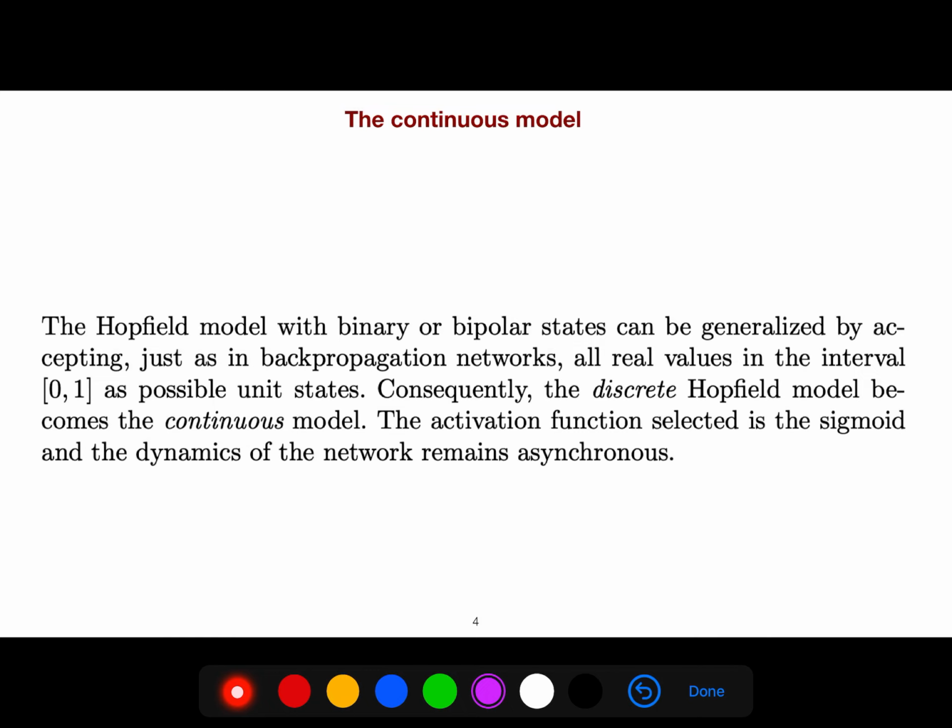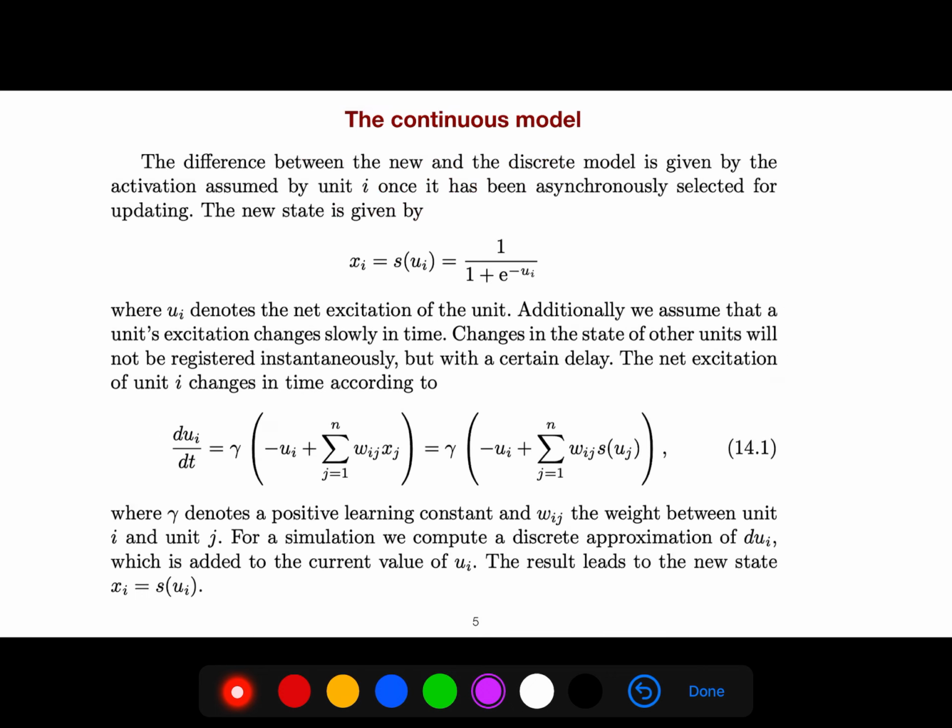The activation function selected is the sigmoid, and the dynamics of the network remains asynchronous. The difference between the new and the discrete models is given by the activation assumed by unit i, once it has been asynchronously selected for updating. So the new state is like this. u_i is the net excitation of the unit.